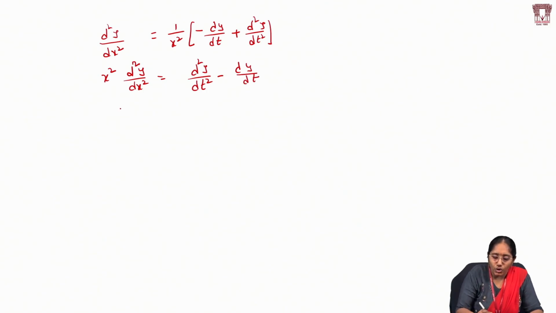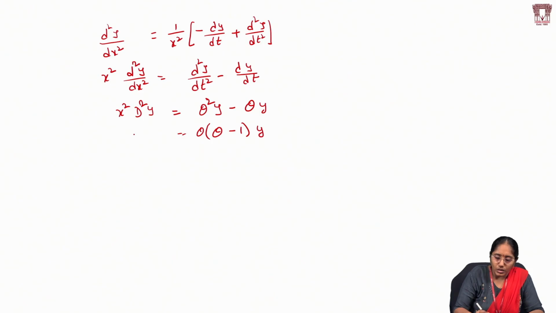Now we will write in the short form x square d square y is replaced with theta square y minus theta y, which is nothing but we can simply write it as theta into theta minus 1 into y.